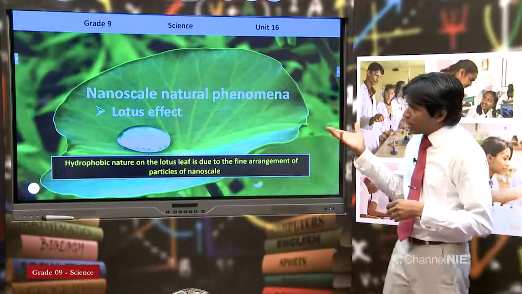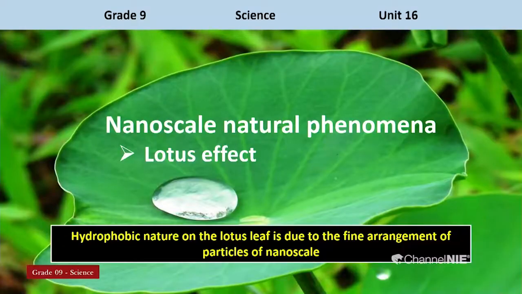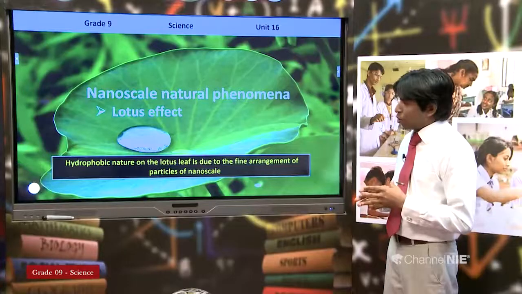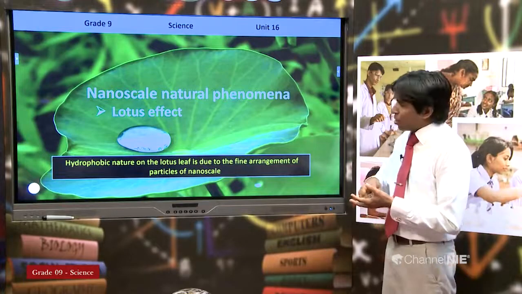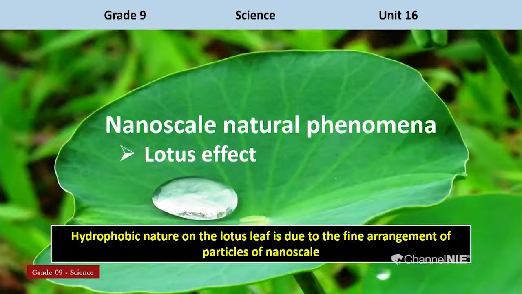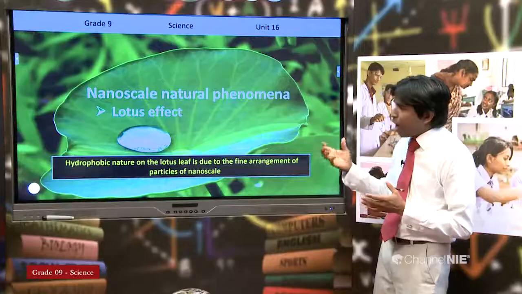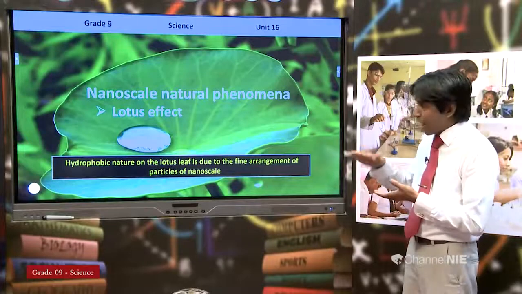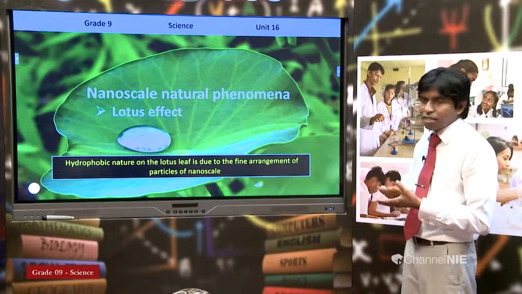Next, you can see that the nanoscale can be seen in nature. One of the best examples is the Lotus effect. If you take these leaves, they are self cleaning: water does not retain, and any dust particle won't retain on the lotus leaf. So, we call it a hydrophobic surface, a nano surface, a self cleaning surface.